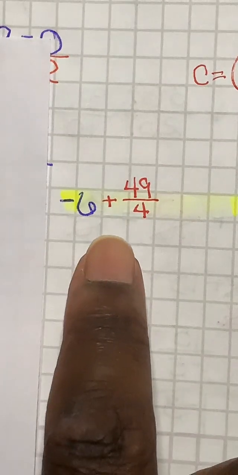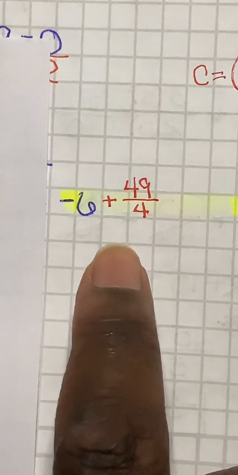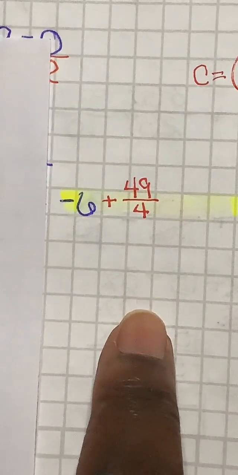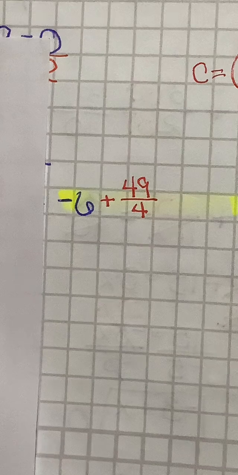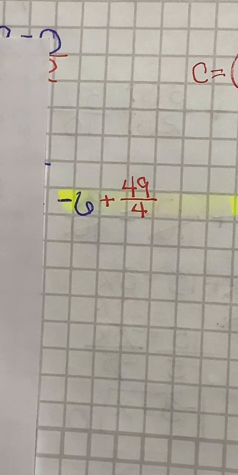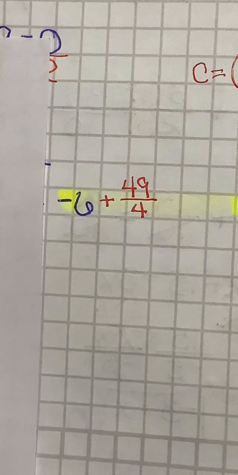So, in order for us to add a whole number with a fraction, what is it that we need when we're dealing with fractions? You can put it in the chat. The common denominator.